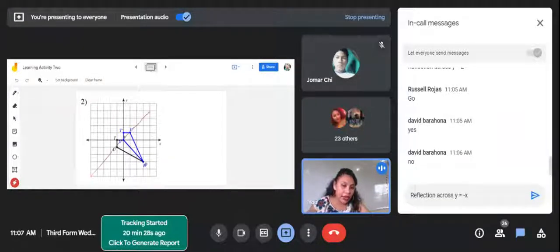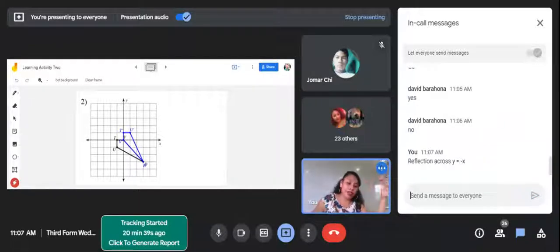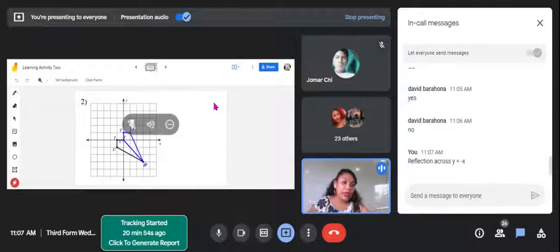Because it is going in the opposite direction, it is a reflection across y is equal to negative x. When it goes in this direction, it is y is equal to x. When it goes in the other direction, it is y is equal to negative x. Anybody has any questions? Was that one clear?